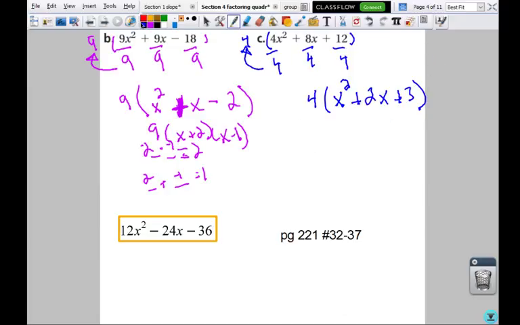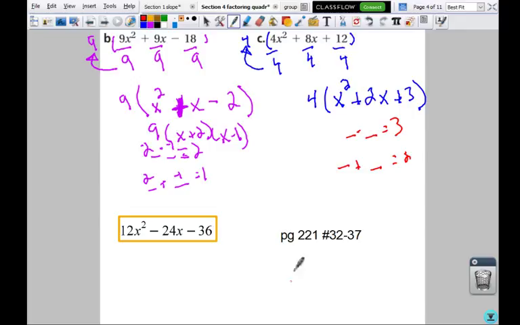Let's see if we can factor again. Devin, can you factor this a second time? I want to know what times what equals 3, and what plus what equals 2. I'm actually not sure we can factor this.